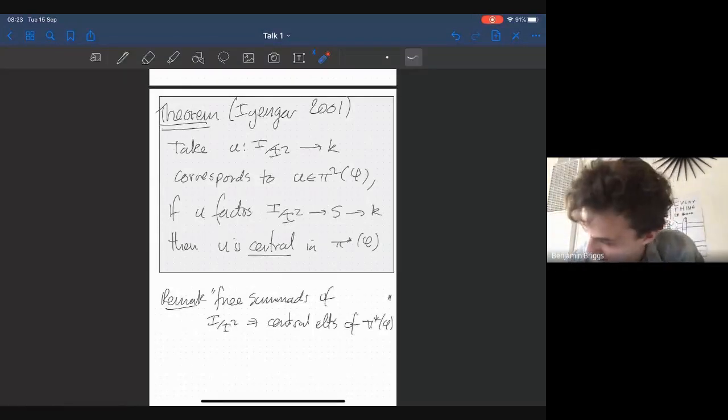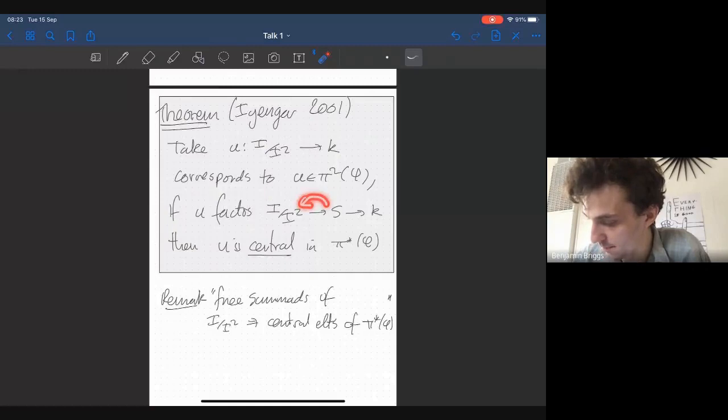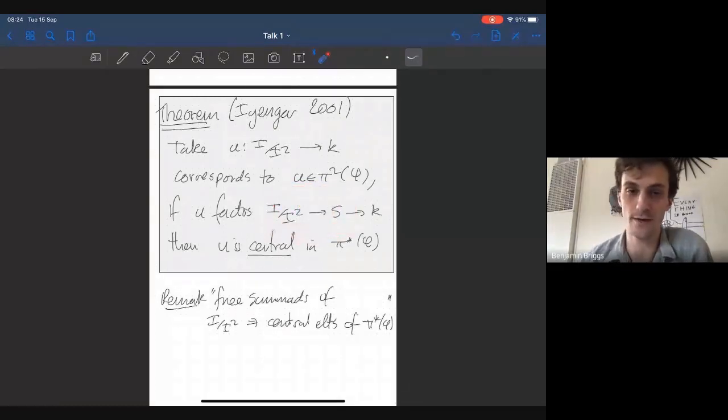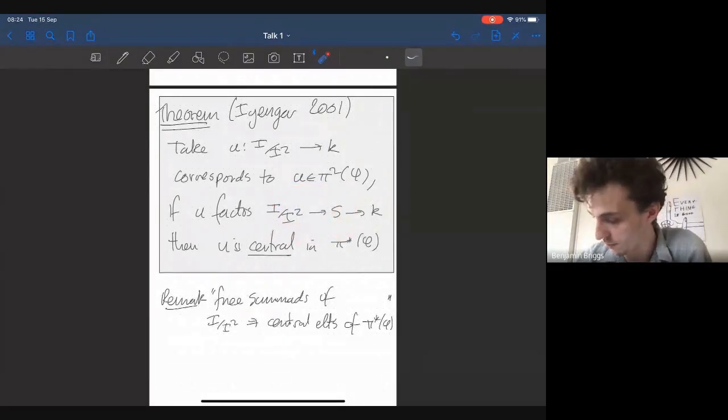And if you stare at this for a while, you realize, okay, if I have this map to K and I can factor it through S, then this map here has to split. And in fact, this becomes a free summand of this. So if I'm in this situation ever, then I actually have a free summand of the kernel module, and that free summand of the kernel module is corresponding to a central element of the homotopy algebra.